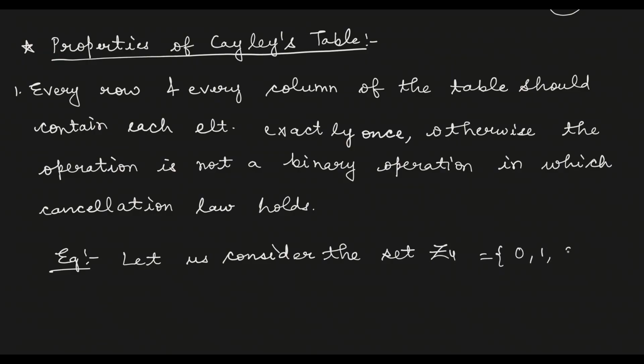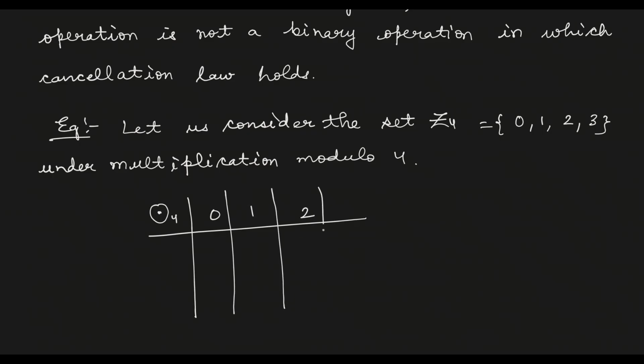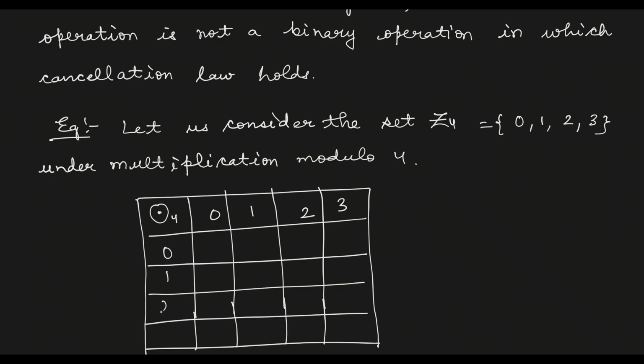Z4 contains the elements 0, 1, 2, 3 under multiplication modulo 4. So the first row will be 0, 0, 0, 0.